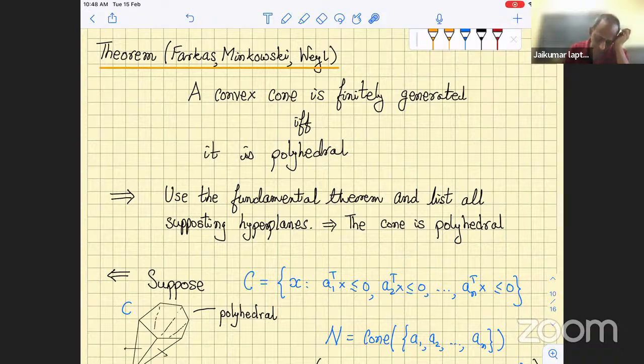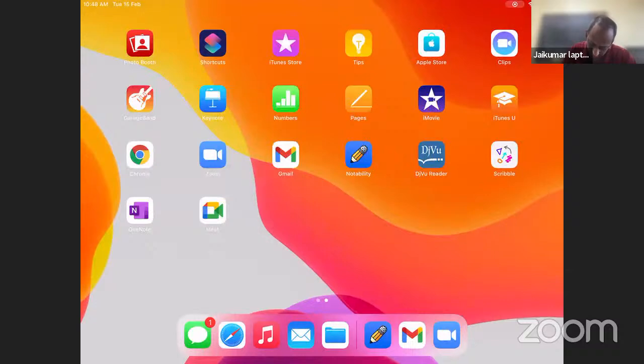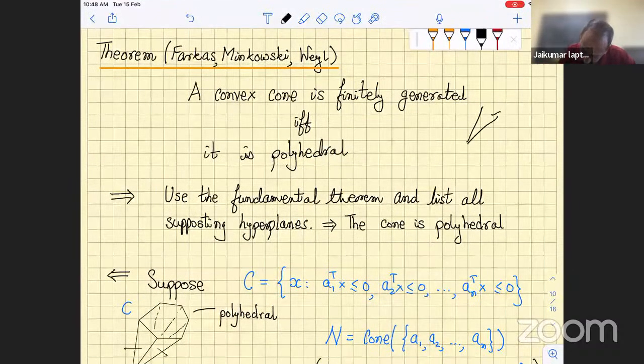Now let us see. We are trying to prove this. Suppose you had some set of points, and look at the cone generated by them.